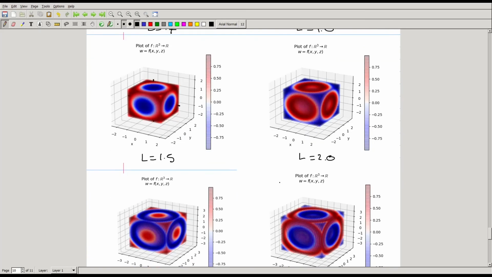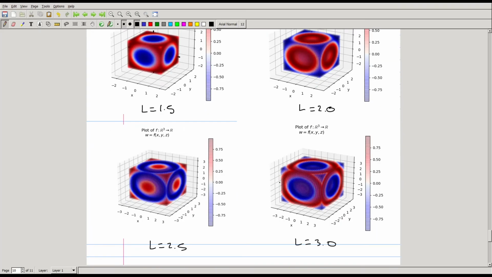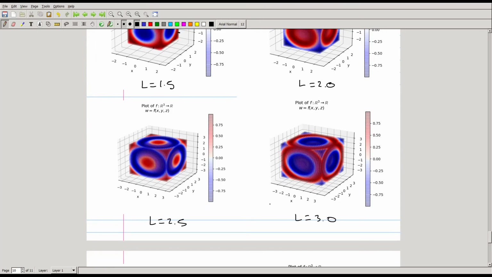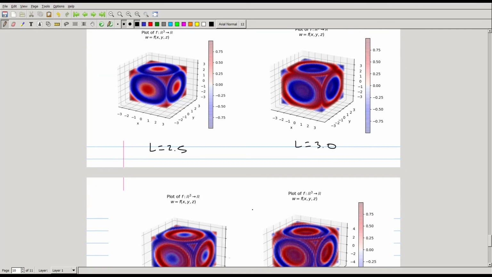All of these images right here are evidence of this fact. They're just progressively larger and larger squares, so you can see that there really is this spherical symmetry with this function.